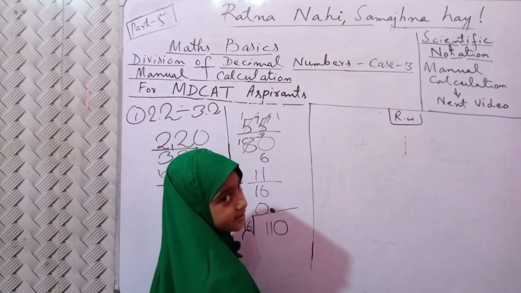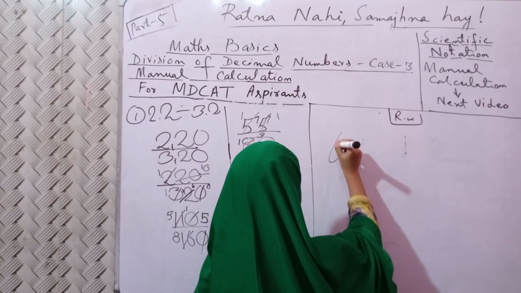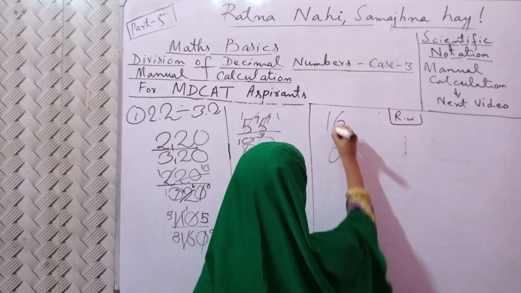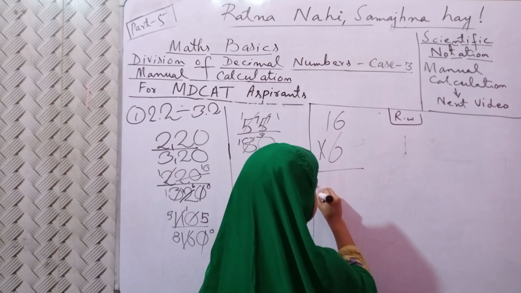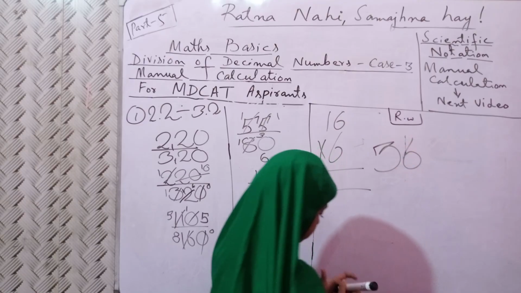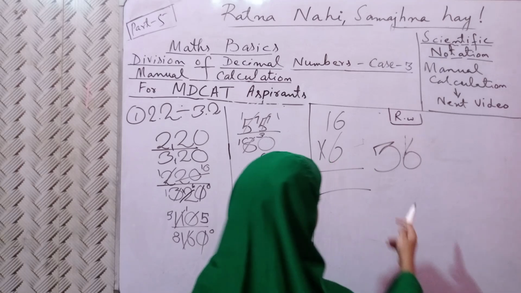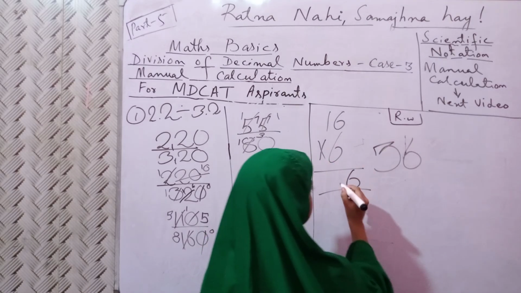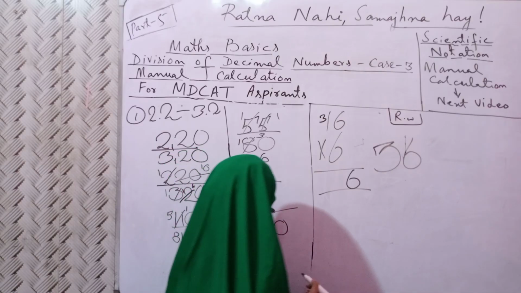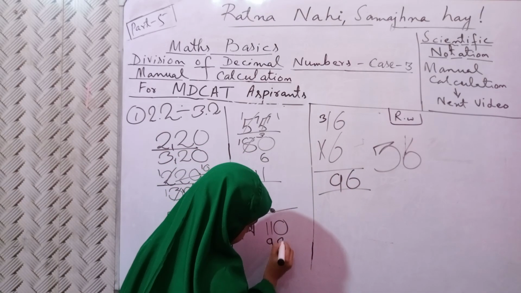0. Let's take rough work. 16 multiplied by 6. 6 sixes are 36. 6 here and 3 here. 6 ones are 6. 6 plus 3 is equal to 9. 96.